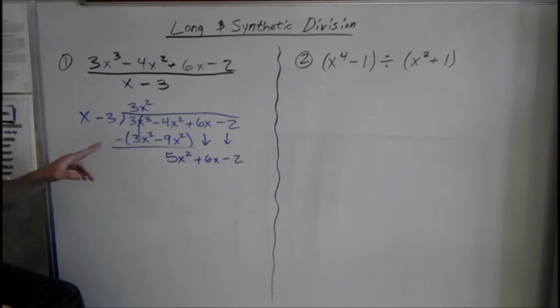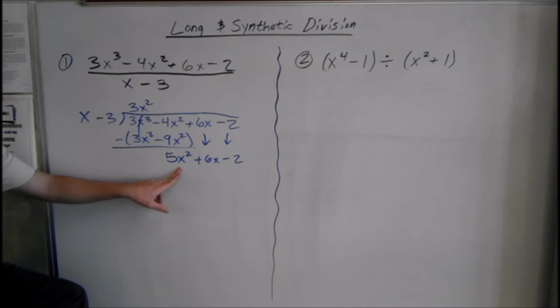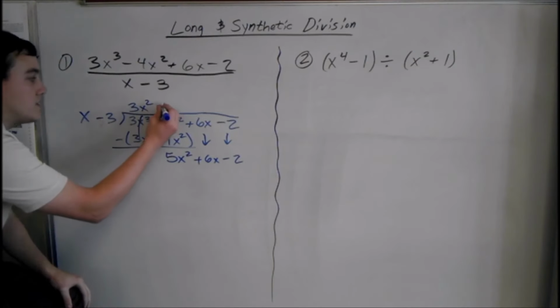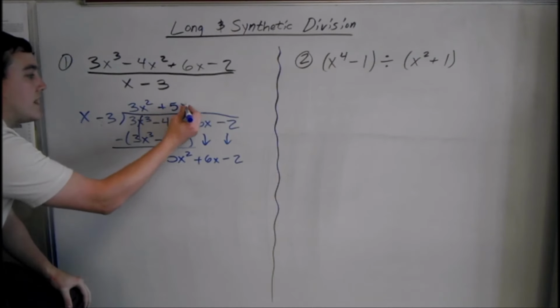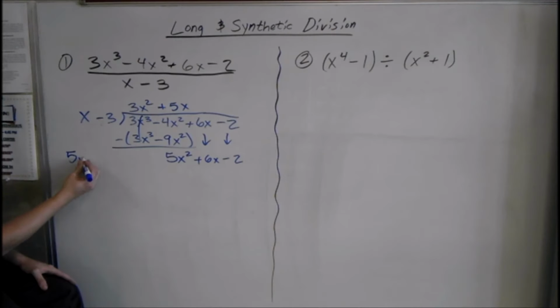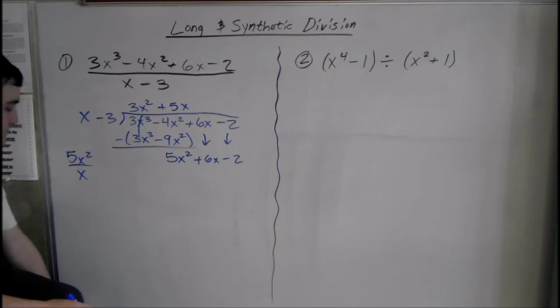How many times does x go into 5x squared? Well, since we're just taking out 1x, it's going to stay plus 5, and all we're going to have left is 1x, because 5x squared divided by x leaves us with just 5x. 1x cancels out.